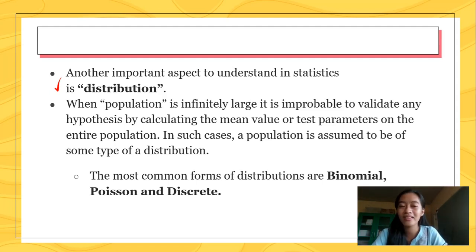Well, it would take a lot of time and money to survey all the people, unless it's a national census or something. In such cases, a population is assumed to be of some type of distribution. Like, it's a generalized pattern of all the numbers. And in mathematics, they call it these terms here, which we will not cover for now.